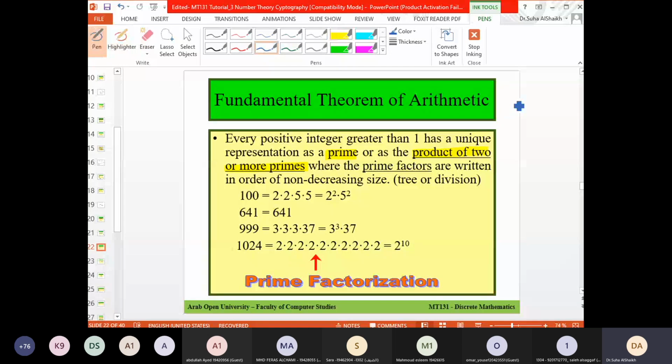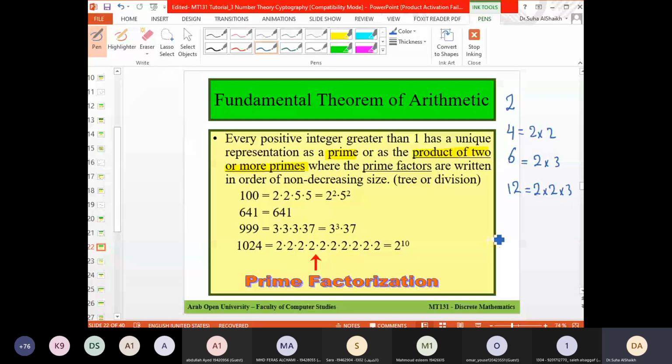For example, 2 is a prime. 4 is not a prime, but it is written as 2 times 2. 6 is not a prime, but it can be written as 2 times 3, where 2 and 3 are prime. 12 can be written as 2 times 2 times 3, right?